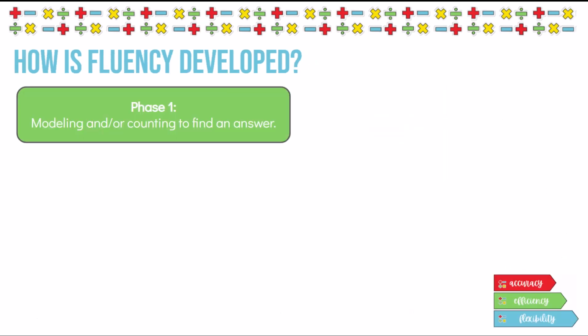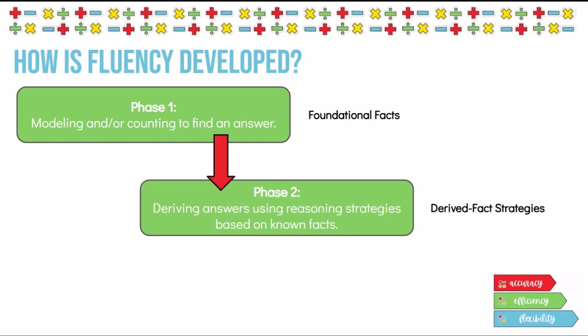So, how is fluency developed? Students develop fluency as they progress through 3 developmental phases. In the first phase, which is known as foundational facts, they are modeling and or counting to find an answer. In phase 2, we have what we call derived-fact strategies.